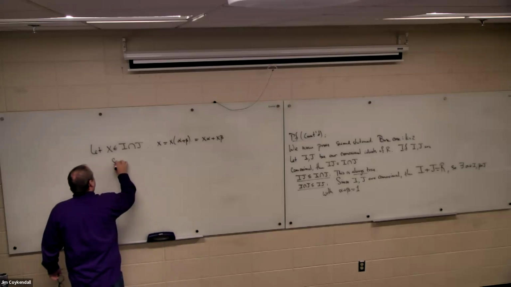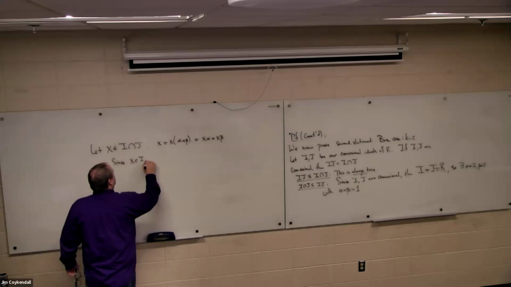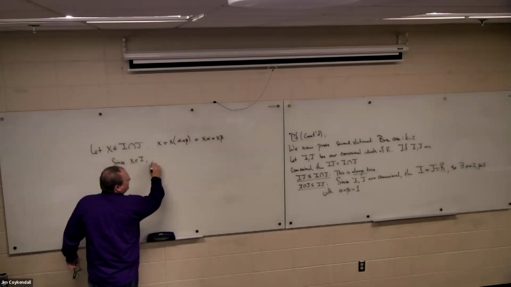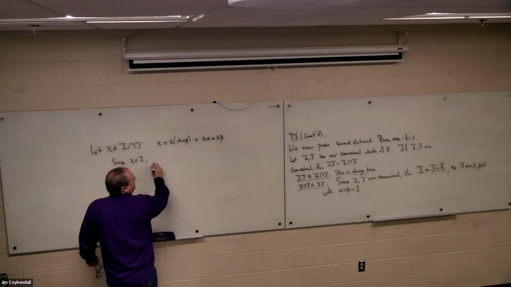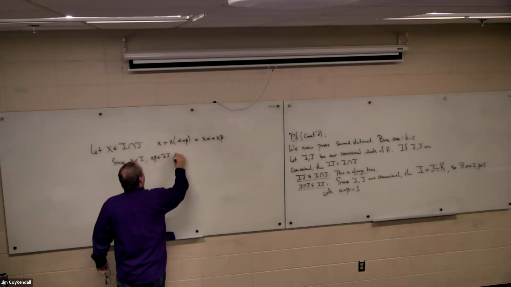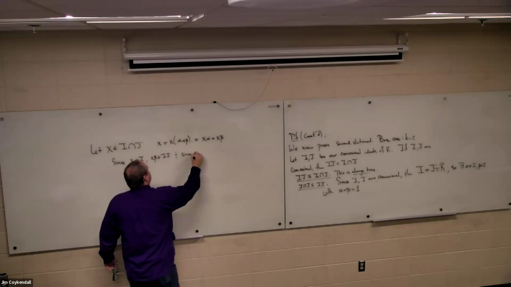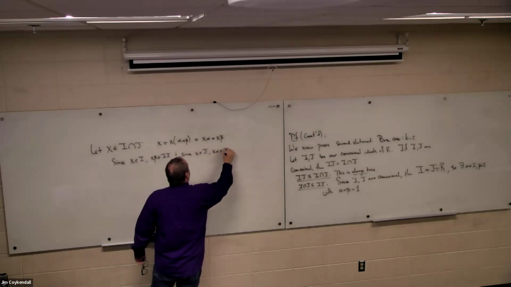Now, since x is in I, then x beta is in IJ. And since x is in J, x alpha is in IJ.